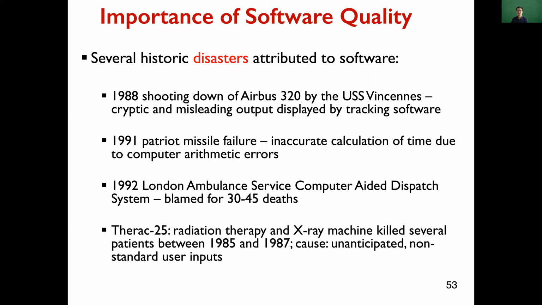It is because of a software issue. And in 1991, there was a Patriot missile failure, also caused by a software issue. In 1992, a software issue in a computer-aided dispatch system in London was blamed for 30 to 45 deaths.